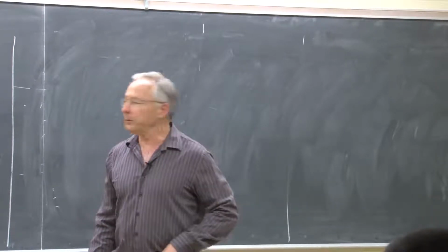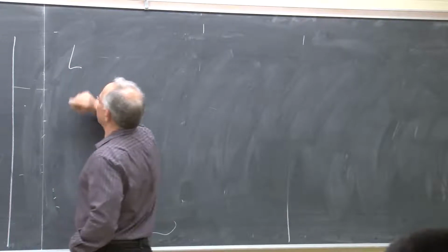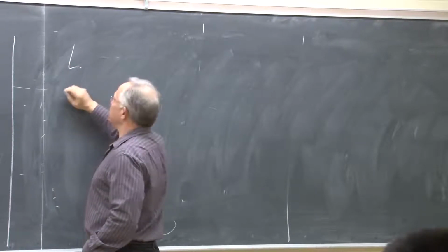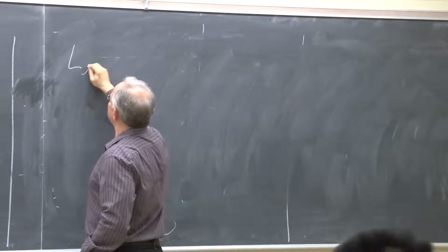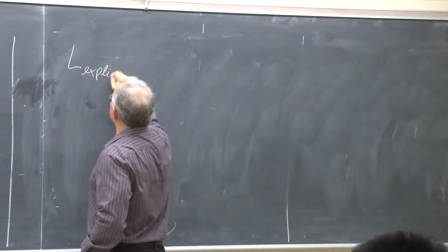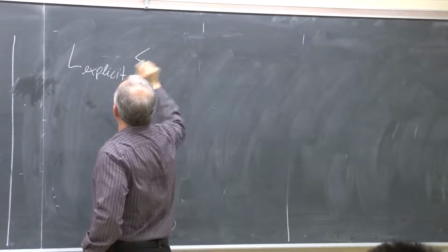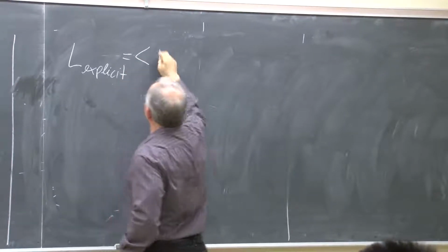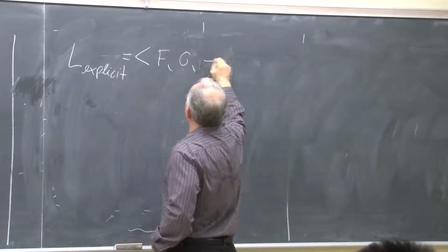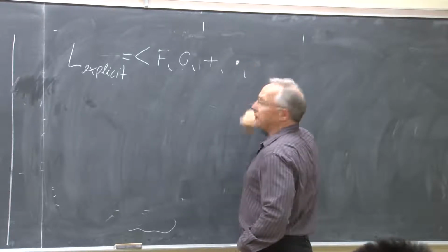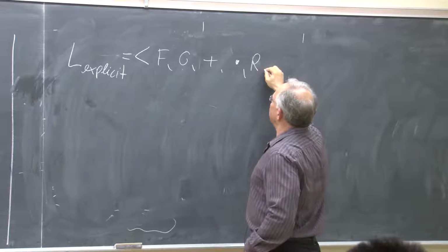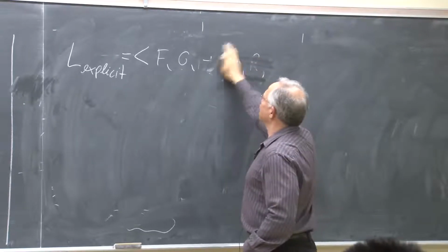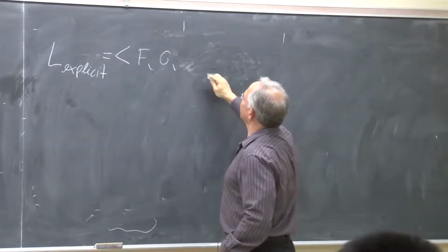And so now what will happen if I take L, let's call this L explicit. And this will be the language in which I will have F, I will have G, I will have plus, I will have times.